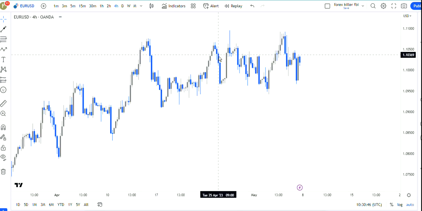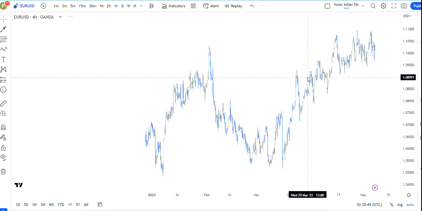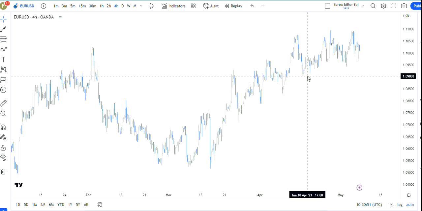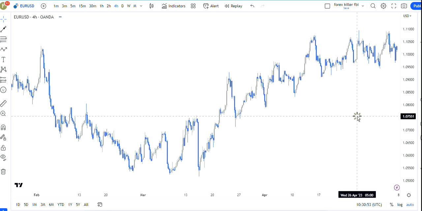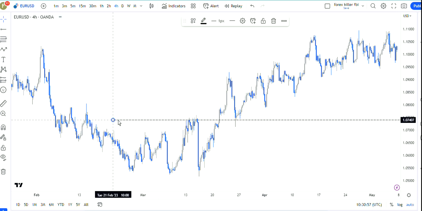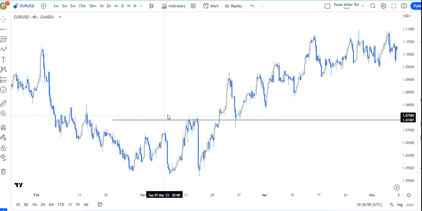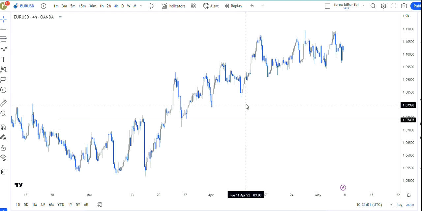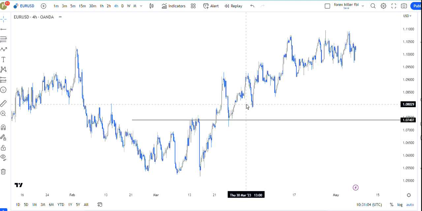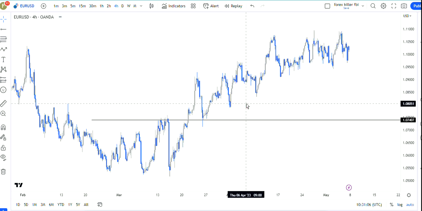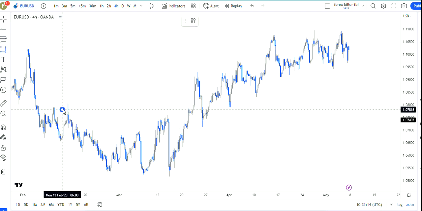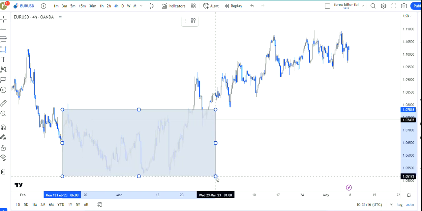As we can see, on the 4-hour time frame, we have a change of character here, and here, and right here. Then inside here, you have two things to note. This one, we have a change of character. Then inside here, this is a flip. This is a flip here.